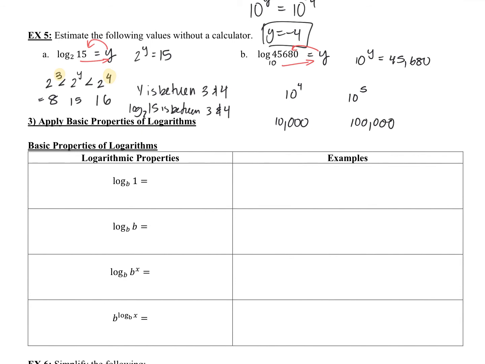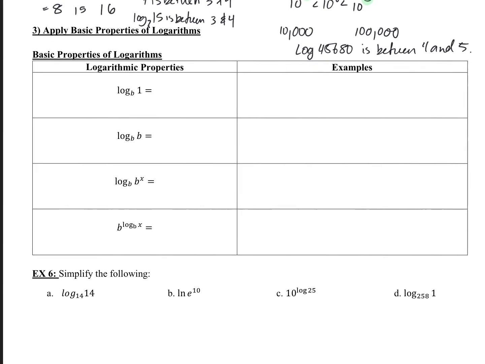So that means that 10 to the y power is somewhere between those two, which then means that y is in between 4 and 5. So our answer would be the log of 45,680 is between 4 and 5, period.